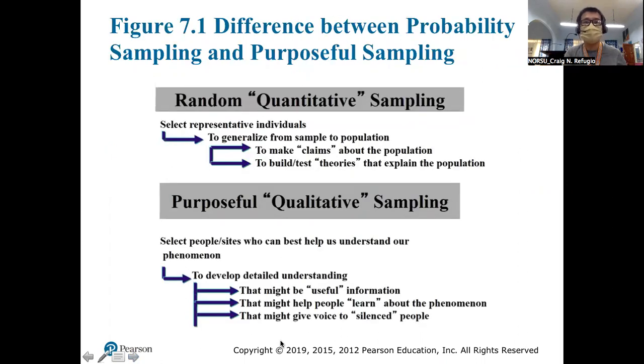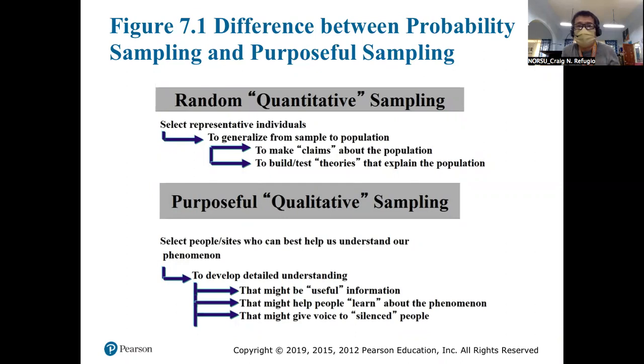So here's an example, figure 7.1, difference between probability sampling and purposeful sampling design. Some authors would say purposive sampling design, some would say purposeful sampling design. So there might be variation on the terms being used, but our descriptions for both are actually the same.